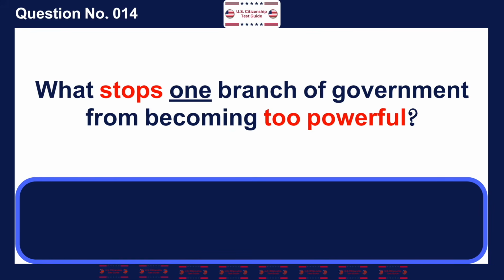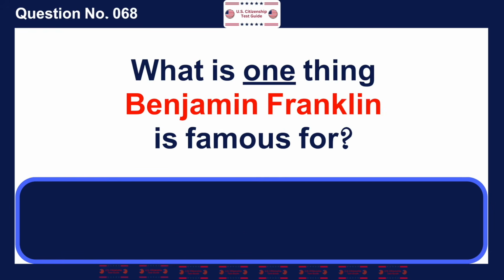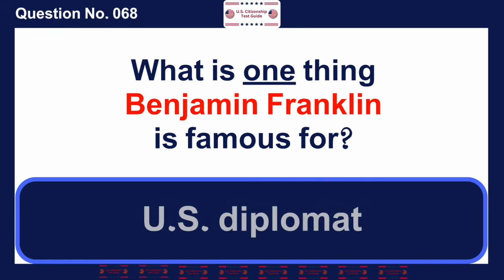What stops one branch of government from becoming too powerful? Checks and balances. What is one thing Benjamin Franklin is famous for? U.S. diplomat.